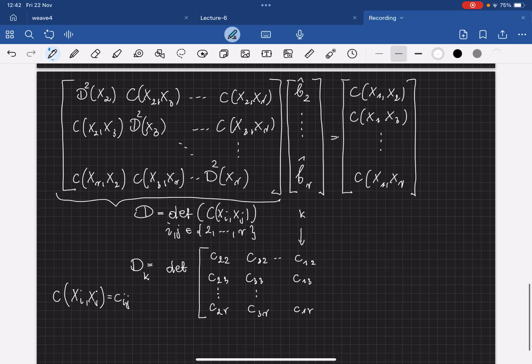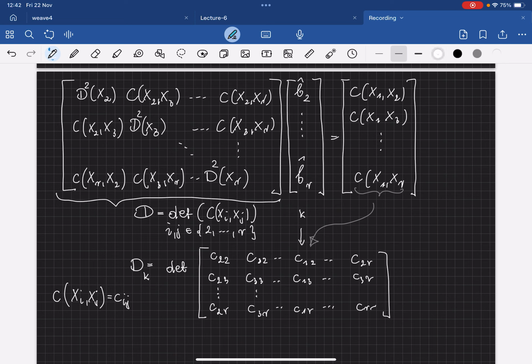And then I go to the end with C2R, C3R, CRR. Okay, so this column is put here in the position K, and we get this determinant.